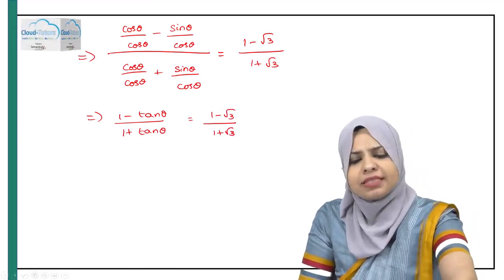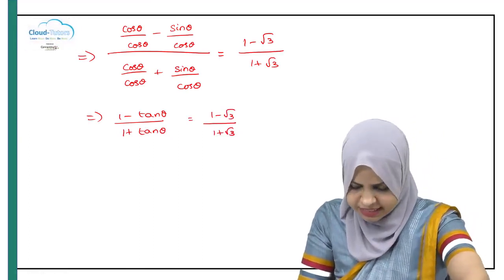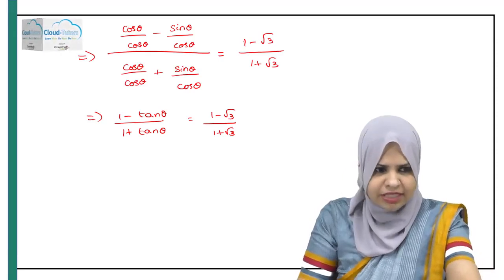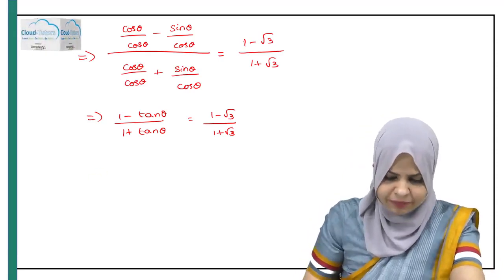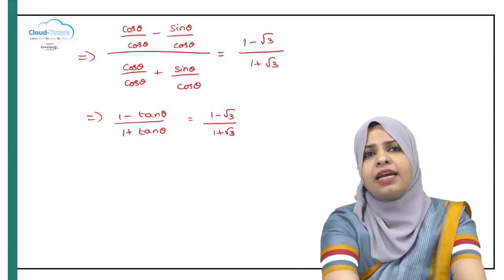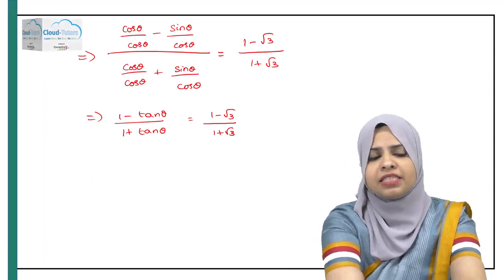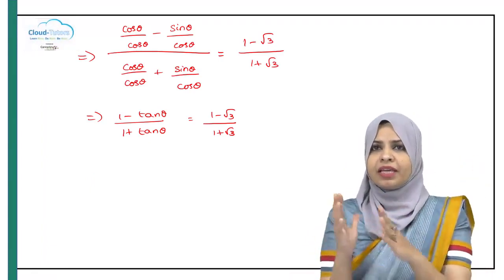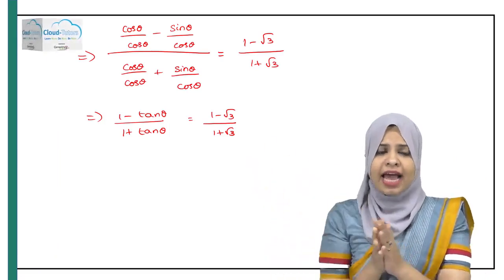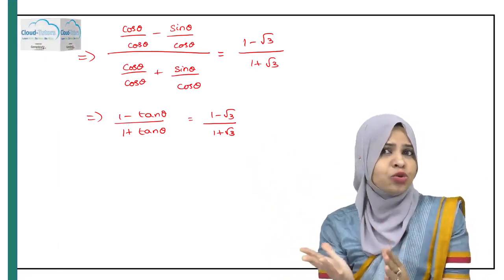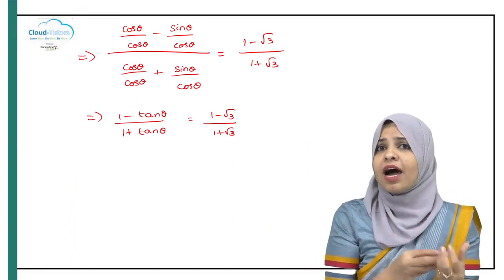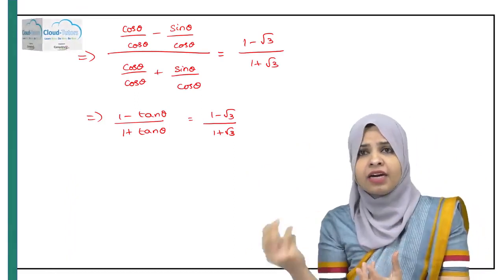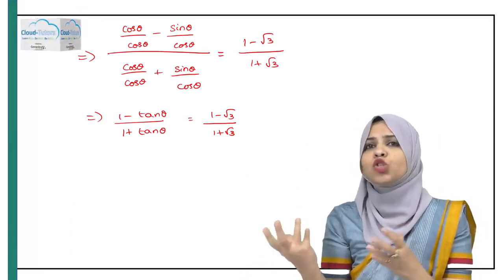Now what do we do next? Let's see. So this is on comparing. Now compare LHS and RHS. What happens when I compare LHS and RHS? See here, I have 1 minus tan theta, and in the RHS, in the numerator, I have 1 minus root 3. And in the denominator, I have 1 plus tan theta. Here on the RHS, I have 1 plus root 3.